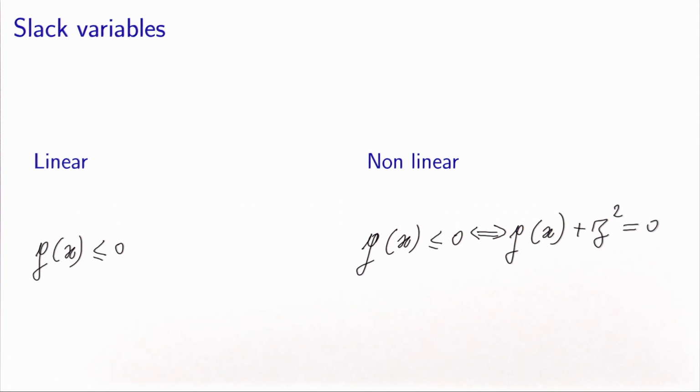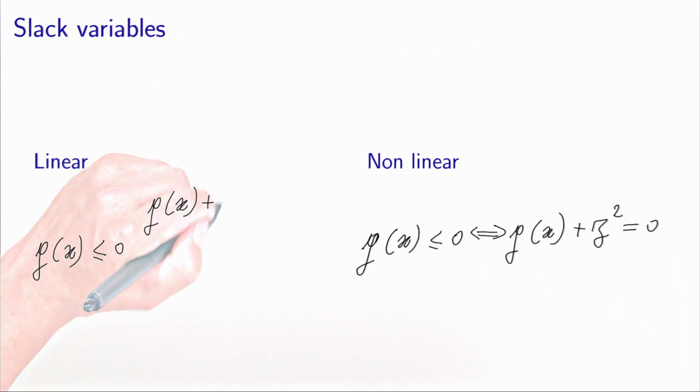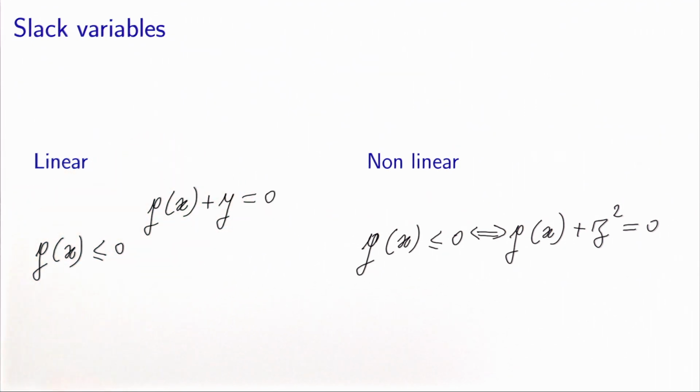Now, if g of x happens to be linear, then we cannot use z squared because z squared is a nonlinear function. So the way we deal with it in the linear case is to say, well, we add also a slack variable, let's call it y, that basically does the same thing as z squared in the nonlinear case, but then we need to impose y to be non-negative so that it makes sense.